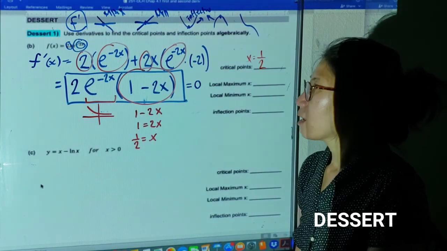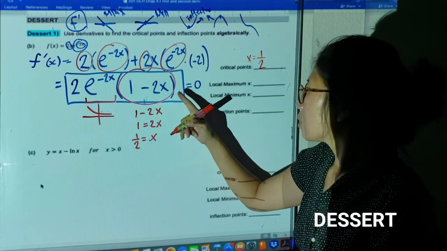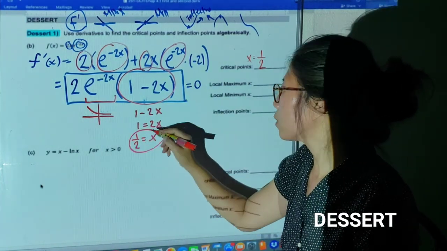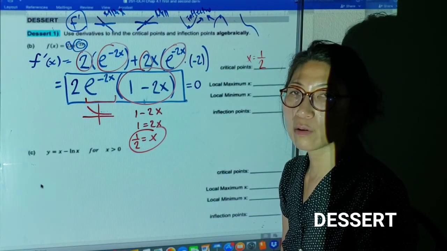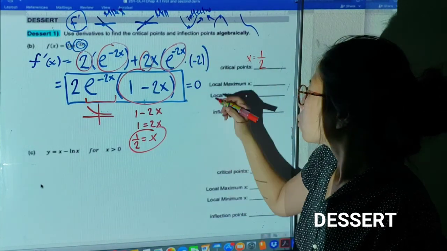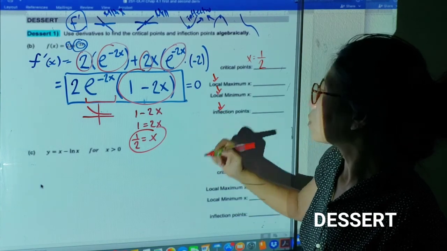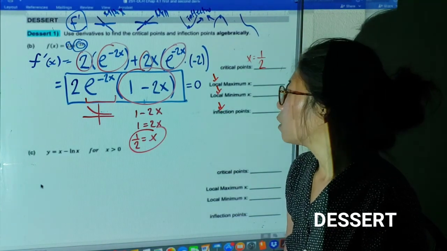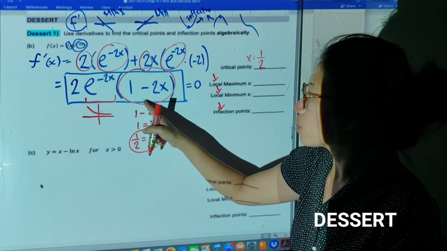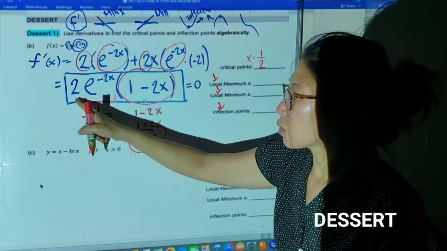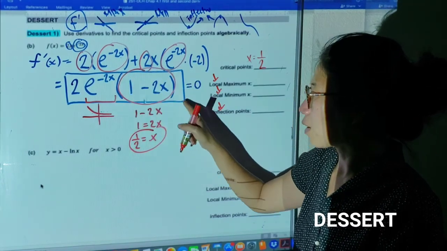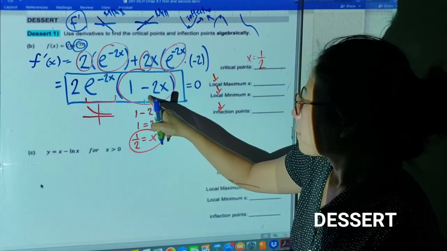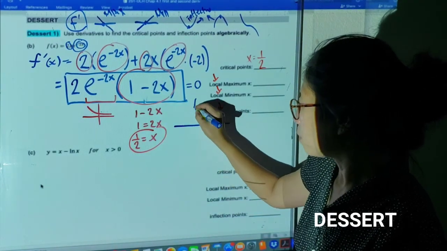Okay, then what is this point? Is this critical point represents local maximum, minimum, or inflection point? How do I know that? So is this one, or this one? How do I know? Well, we have to look at our first derivative, as I mentioned. This one cannot be 0, this one cannot be 0. So I'm going to graph this one. 1 minus 2x.